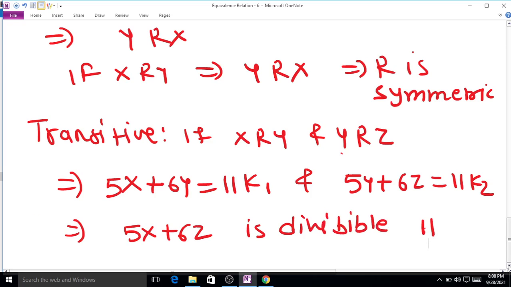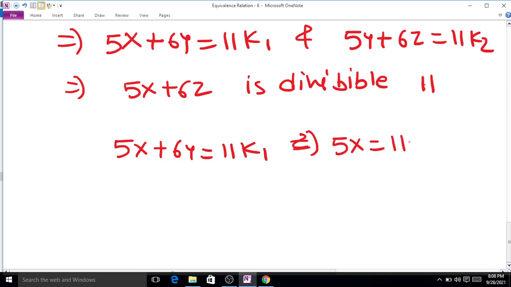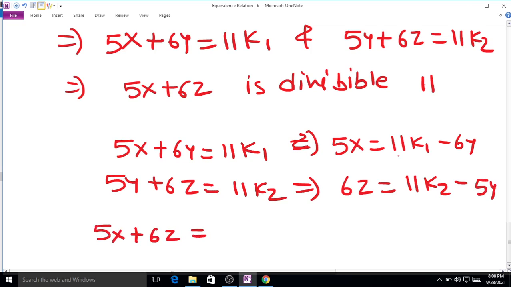Now since 5x plus 6y is equal to 11k1, this implies 5x is equal to 11k1 minus 6y, and 5y plus 6z is equal to 11k2 implies 6z is equal to 11k2 minus 5y. So if you consider 5x plus 6z, it is equal to, what is the value of 5x?